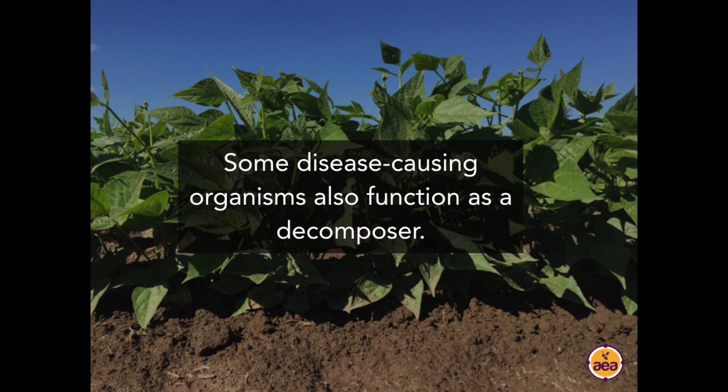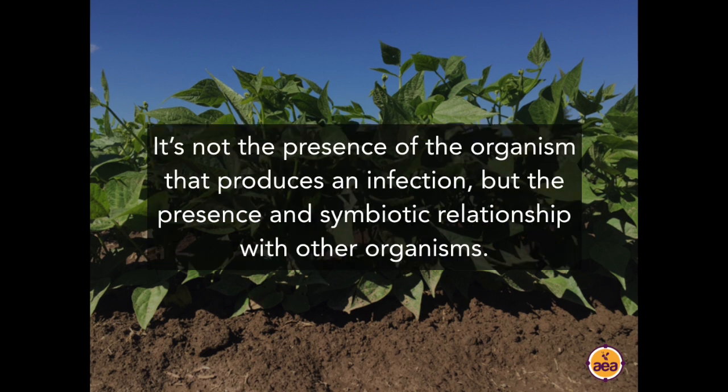They're decomposers. They decompose non-living plant residues. So if you put hay or straw mulch out and it rains on it a couple times, and then you pull it up and you see this white mycelium going all the way through it, the majority of that white mycelium in many soils will be Verticillium, functioning as a decomposer. So again, it's not the presence of the organism that produces an infection, it's the presence and the symbiotic relationship with other organisms.